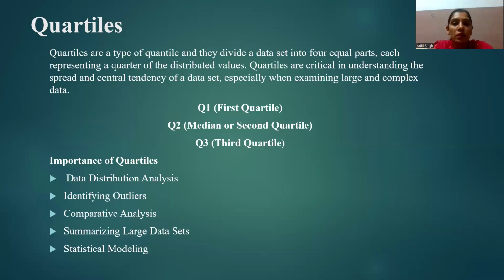When we talk about data distribution analysis, quartiles provide a detailed look at the spread and the central tendency of the data, by dividing the data into four equal parts, each containing an equal number of observations.